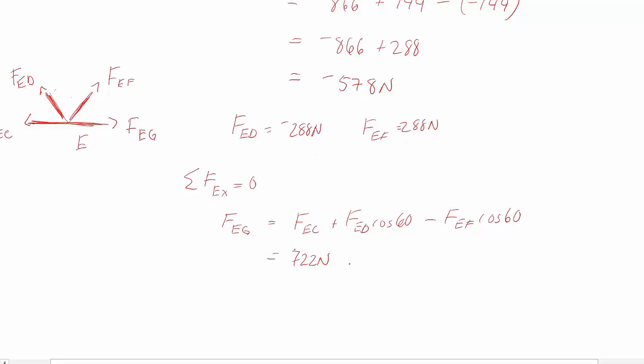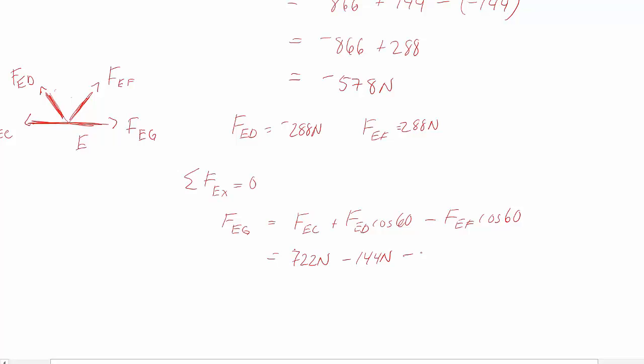FED was negative, and I've done this enough to know that's 144, so that's negative 144 newtons. And this is minus EF.